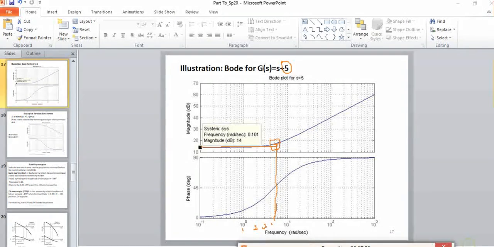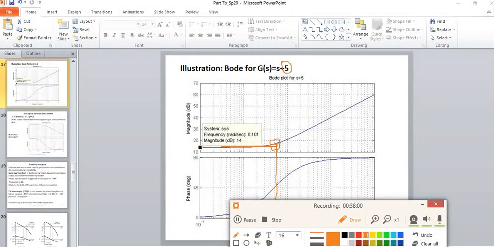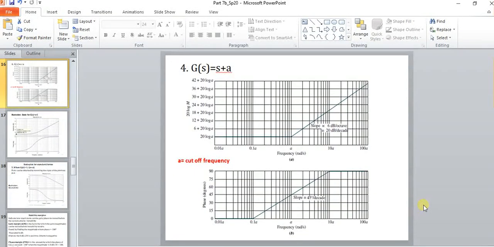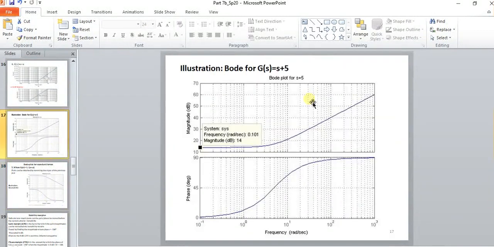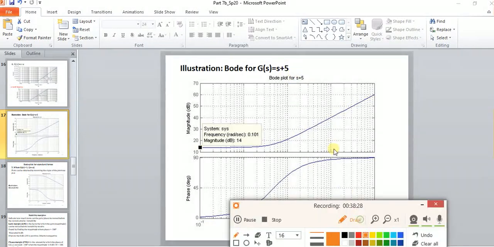Now for this case, what will be the starting point of this curve? We said before, if you see the last slide, it is 20 log A. The curve will start at 20 log A. That means in our case, it is 20 log 5. So this is s plus A, that means A is equal to 5.